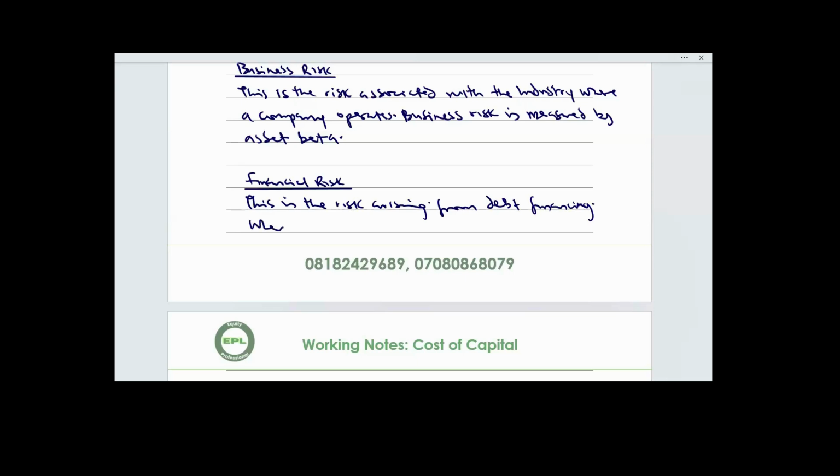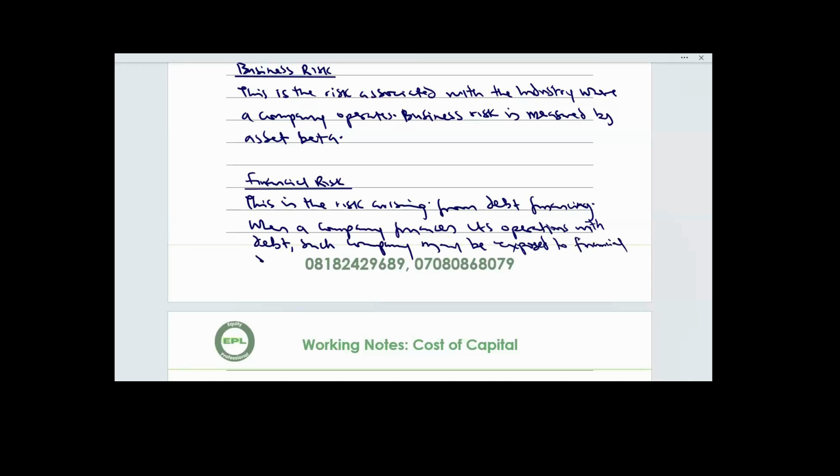So when a company finances its operations with debts, such company may be exposed to financial risk.